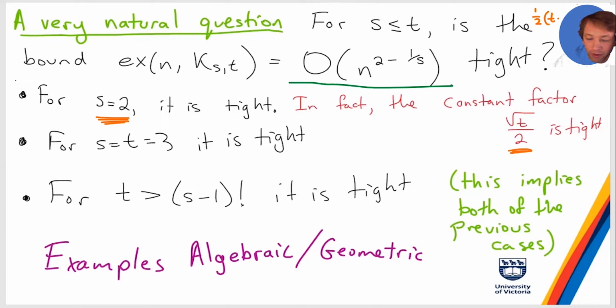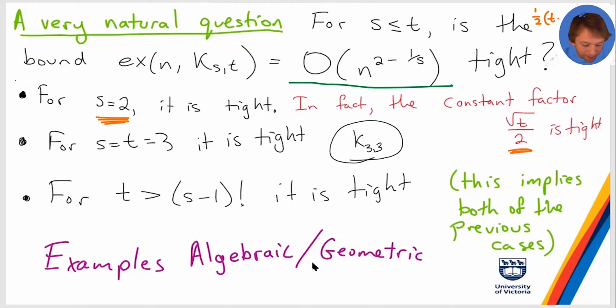It's actually the square root of t minus 1, but let's not worry about that. So there's a construction which basically matches this bound. The construction is built in some algebraic and geometric way, so it's a little bit complicated, and a little bit beyond what we want to do in this course. Also in the case s equals 3, it's tight.